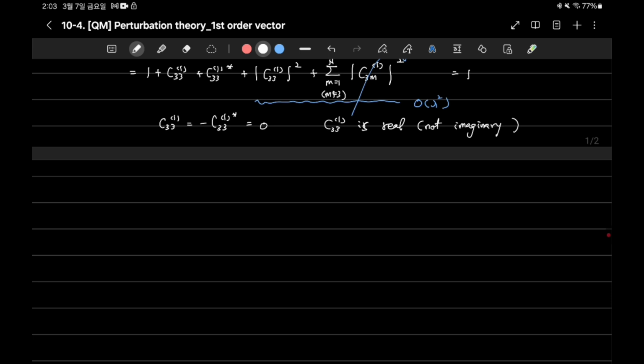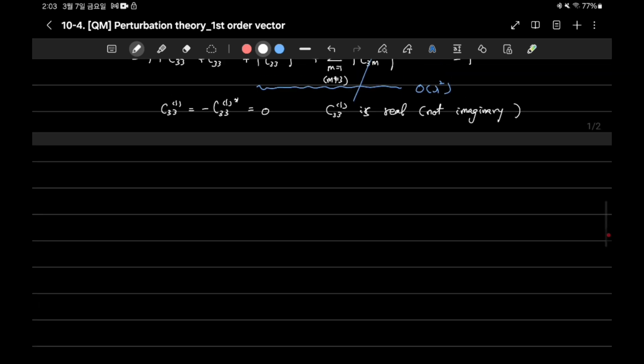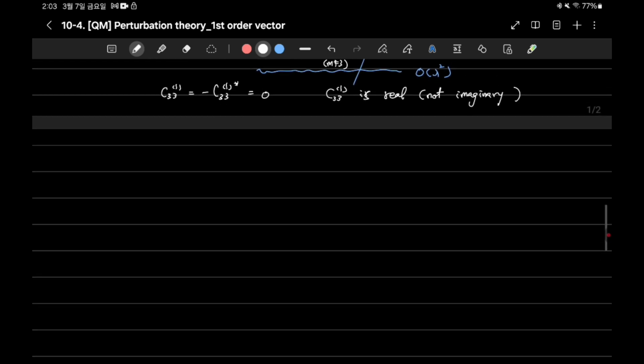In other words, when you draw a vector representation, at first the zeroth order eigenstate can be perturbed by some M state, the first order energy eigenvector, and then the total eigenvector should be n.